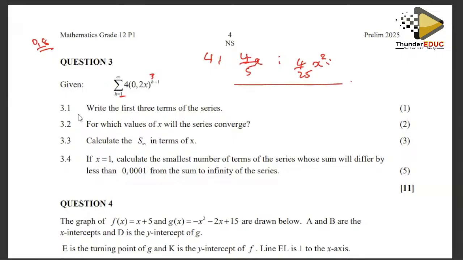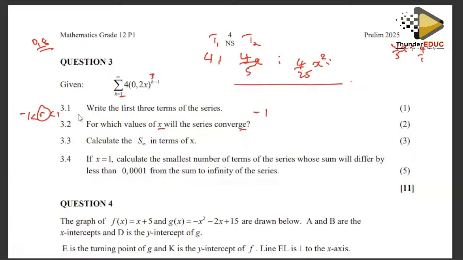Then for which values of x will the series converge? Now for convergence, we know that negative 1 is less than r is less than 1. The only thing we need to get is our common ratio. So this is T2, this is T1. So divide the 2. Okay, so 4 over 5x, we're dividing it by 4, meaning that my common ratio is 1 over 5x.